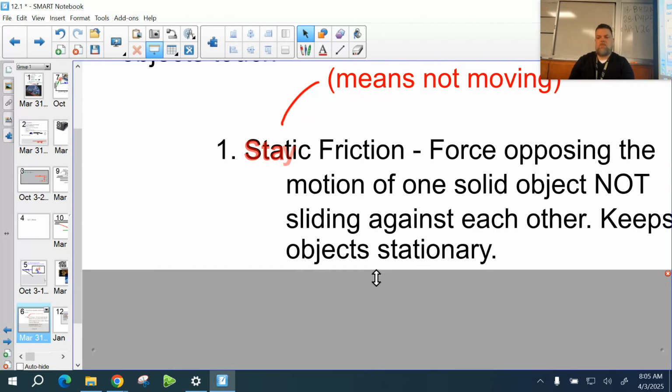So that's the force opposing the motion of one solid object, not sliding against each other. Keeps the object stationary. So if I take this remote and I put it on a ramp, it'll stay on the ramp as long as the ramp isn't too steep. What holds it in place is static friction.